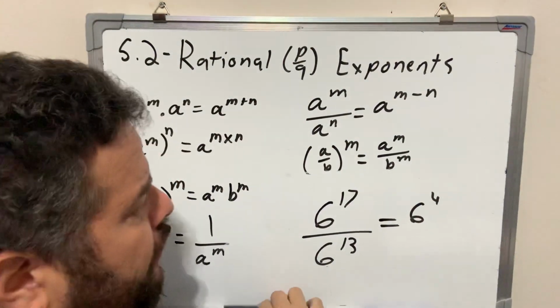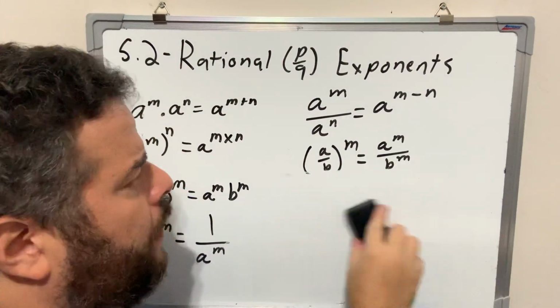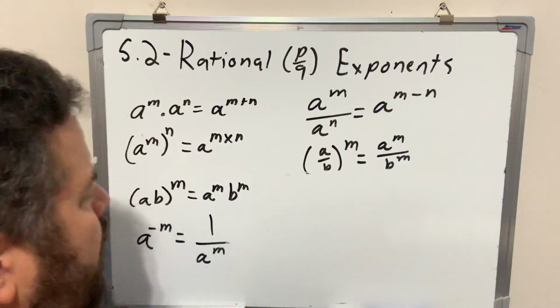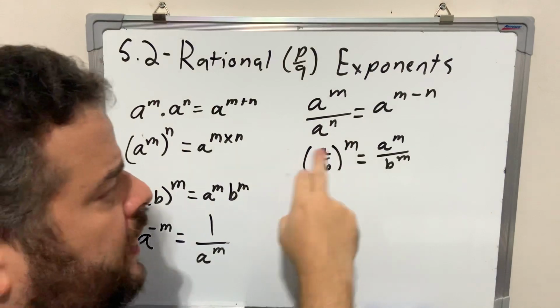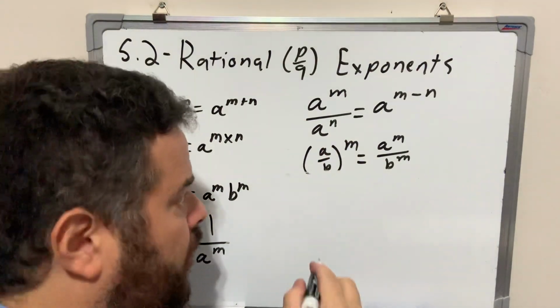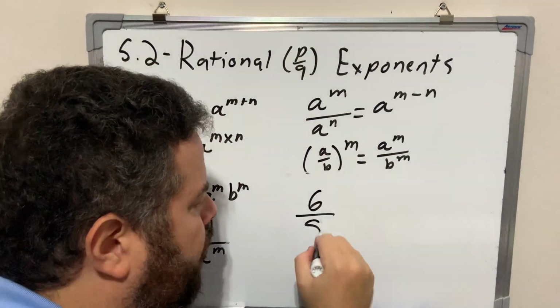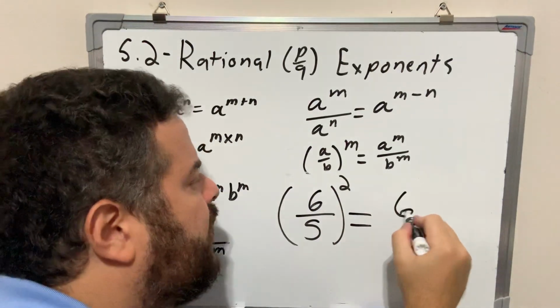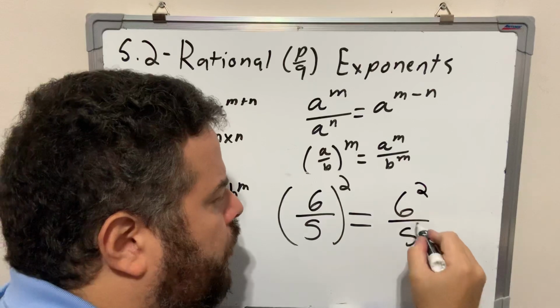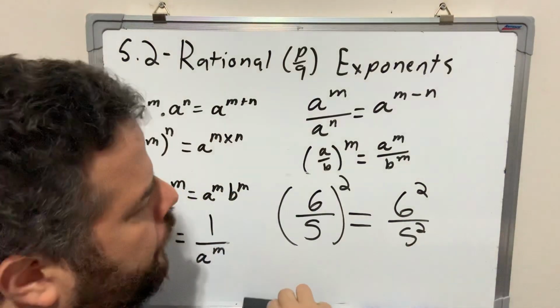Now the final property is pretty much similar to the distributive property in multiplication, only it's the distributive property with division. So if I have 6 over 5, all to the second power, that's the exact same thing as 6 to the second power over 5 to the second power.